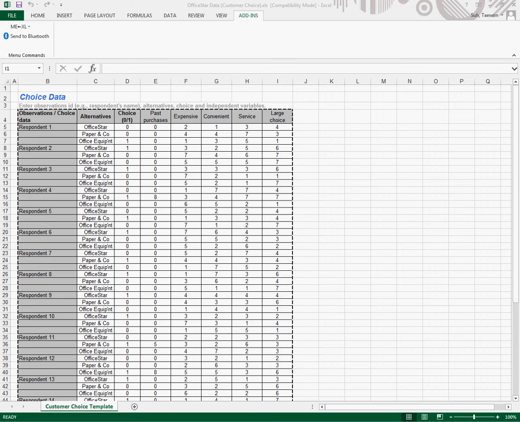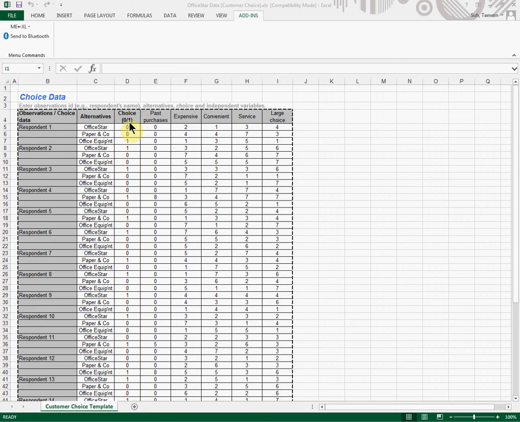But the unique point of Logit regression is that it has a dummy variable for its dependent variable. Here in the data table, we have customer choice, your choice, and the value is either 0 or 1. So it's a dummy variable, nominal scale or categorical scale.